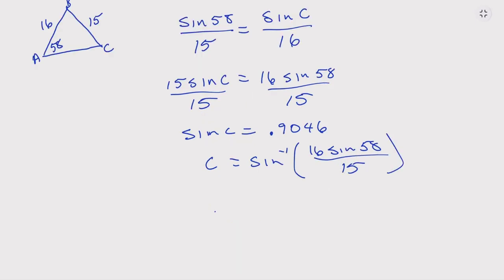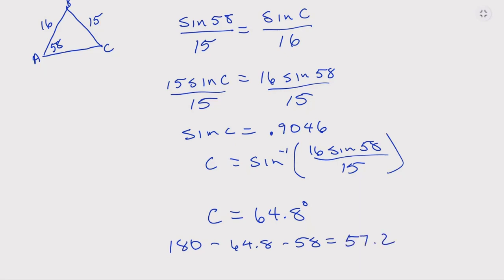So I get C is 64.8. So if we did 180 minus our 64.8 minus our 58, that's going to give us an angle B of 57.2.